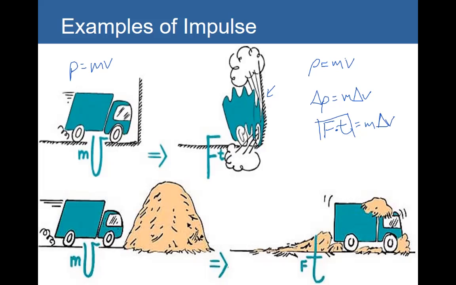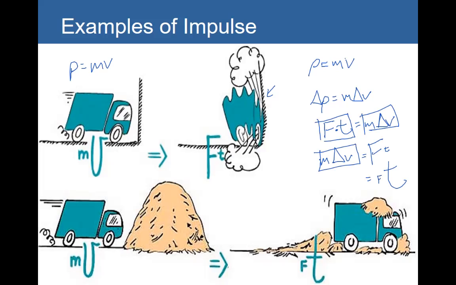So if this is set, then this is set. But if we do it the other way, m delta v, and we set this, we have two options here. We can have a big force with a very small amount of time, or we can have a small force with a huge amount of time.